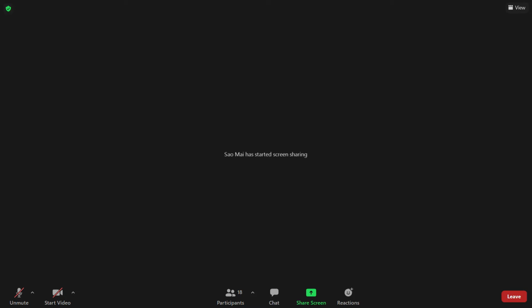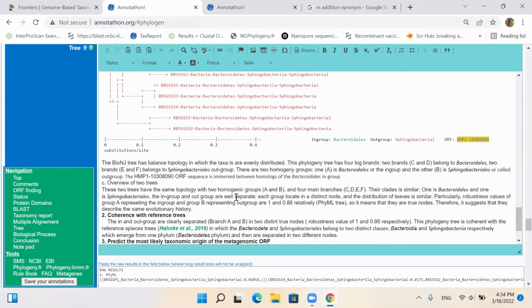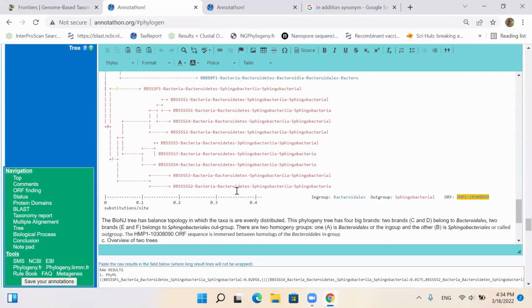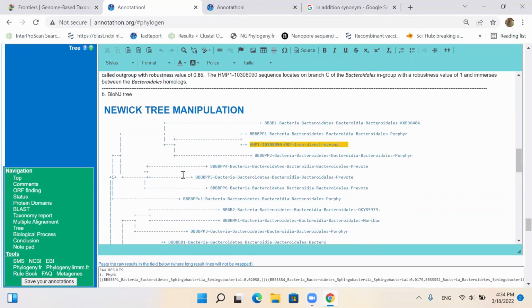I have a question. Can I share my screen? It is about the taxonomic origin of my ORF, because I see that it should be more specific, down to the species level.